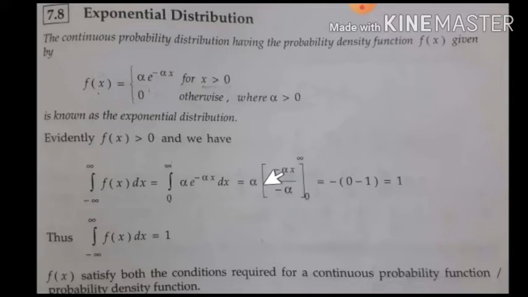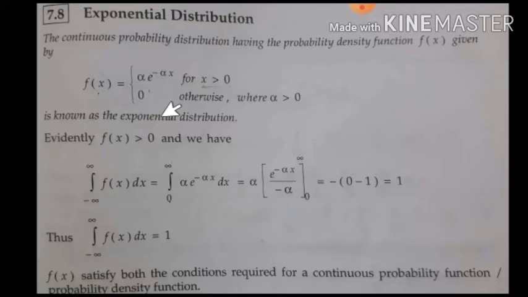Applying the upper limit, e to the power of minus infinity becomes 0, minus, before applying the lower limit we should take minus, then e to the power of 0 is 1. So minus minus becomes plus 1. So it is evident that the probability density function f of x, defined in this way, satisfies the probability function condition. Hence it is called the exponential probability distribution function.